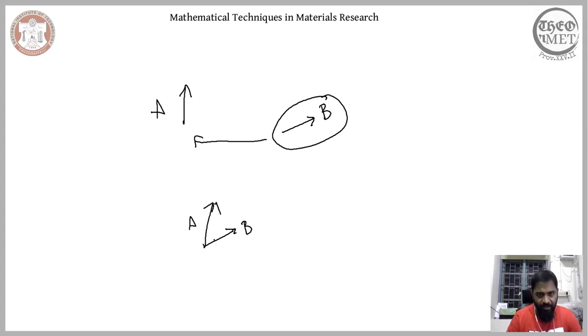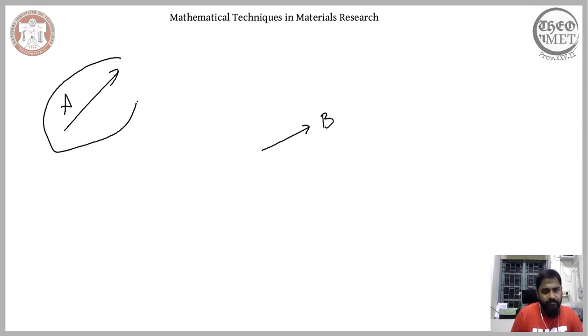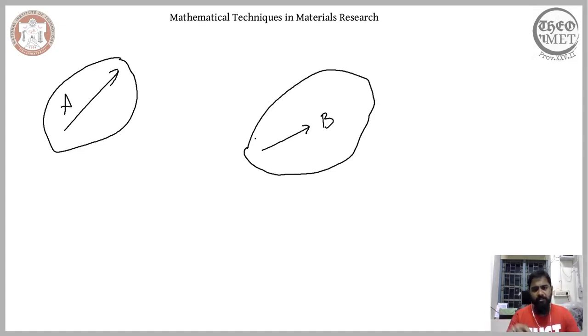Now on the other hand, imagine that I have an A vector and another vector B, and they exist in their own space. Of course there can be several mathematical meanings and definitions that we can give to these spaces, but for simplicity let us consider that these vectors mean different things in the physical world.